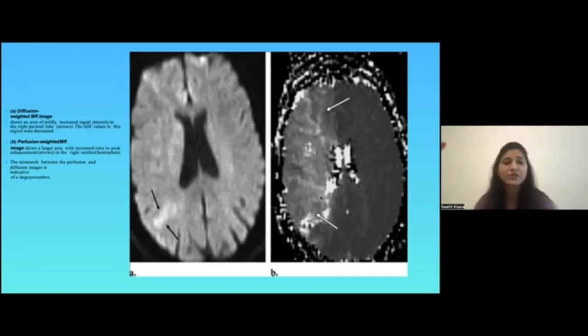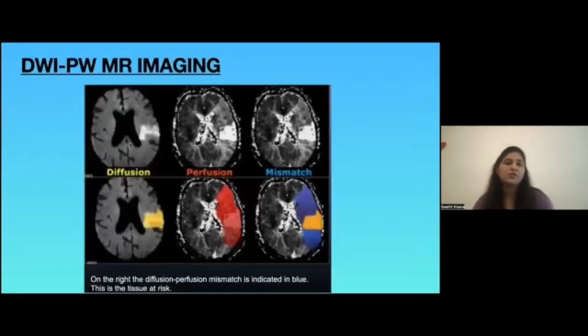So the mismatch between the perfusion and the diffusion images is indicative of a large penumbra in this case. So the diffusion and perfusion MR images can be combined, and the mismatch can detect the penumbra, that is the tissue at risk, which can potentially be saved with management.